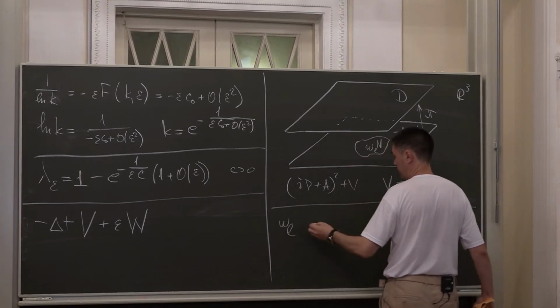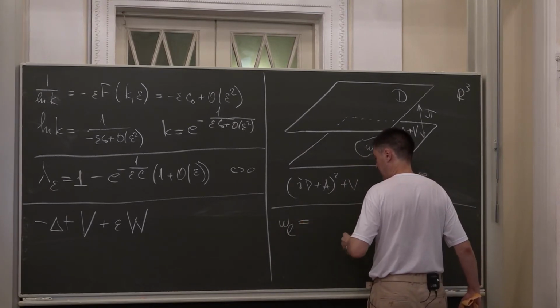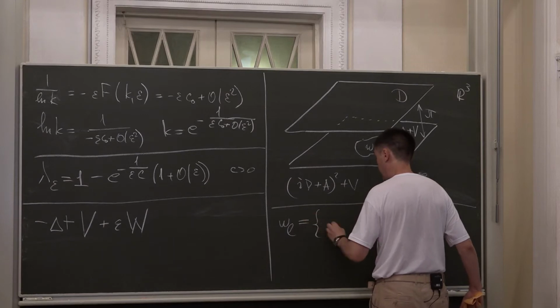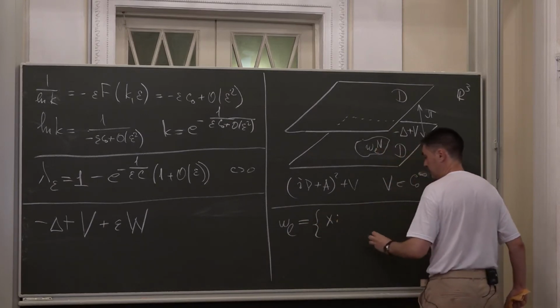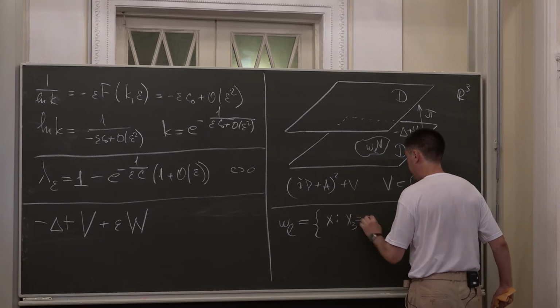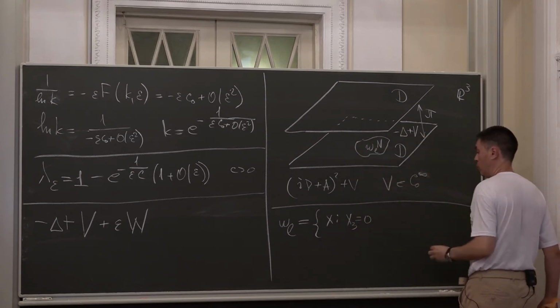Omega L is introduced as follows. These are all x such that x3 is 0, so this is the lower plane.